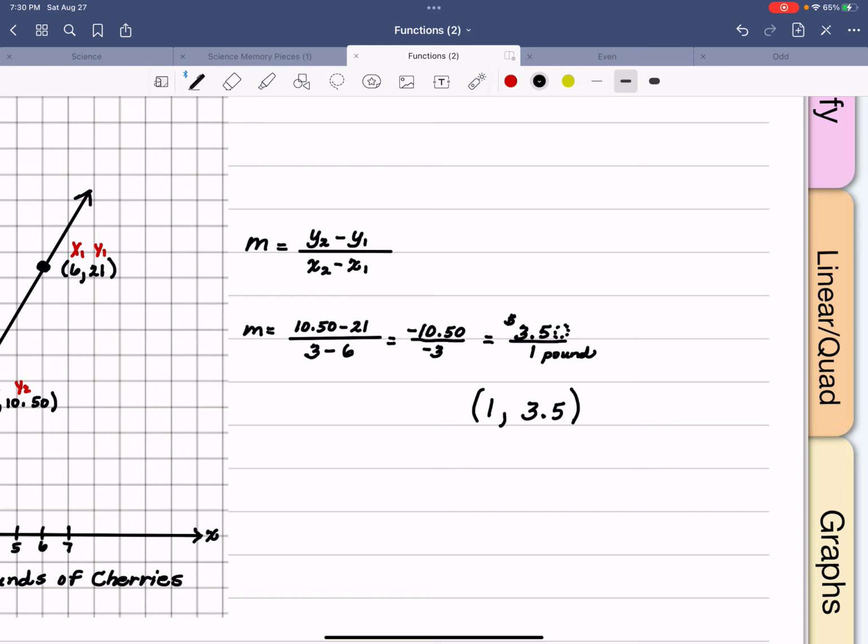So 1 pound is $3.50 or 3.5. This has 3 names. Slope, you know that one, where you would say, let's put it in this form, m equals 3.5, rise over run, 3.5 over 1 is 3.5.